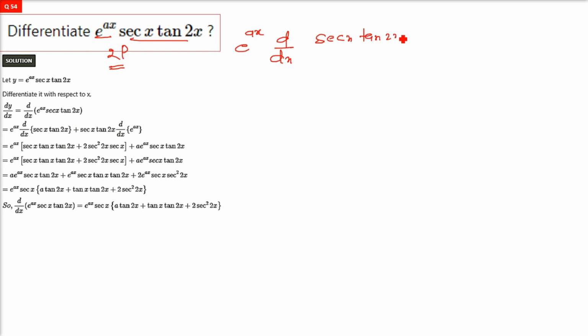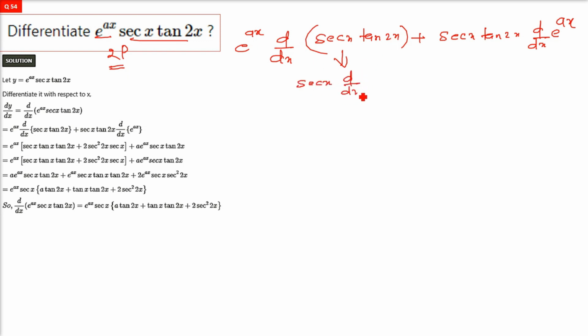So e raise ax d by dx of sec x tan 2x, then sec x tan 2x and d by dx of e raise ax. Alright. So I will do the differentiation of sec x tan 2x. We will be applying the product rule again.